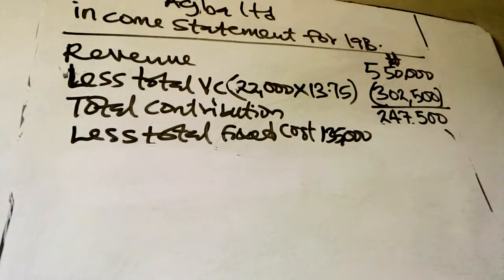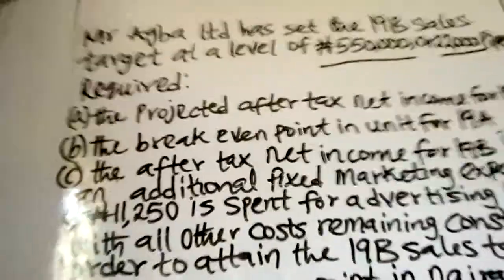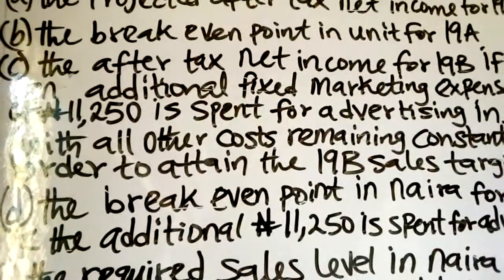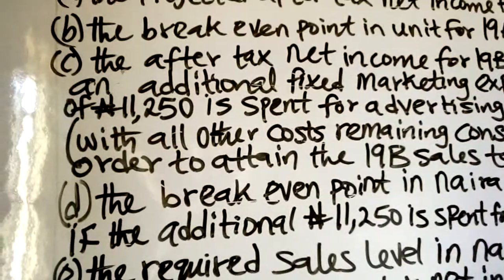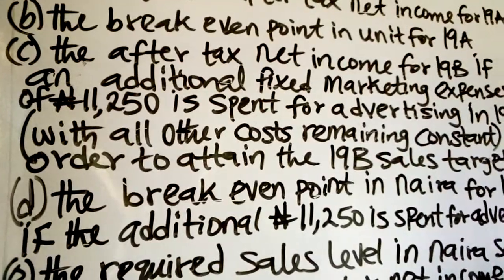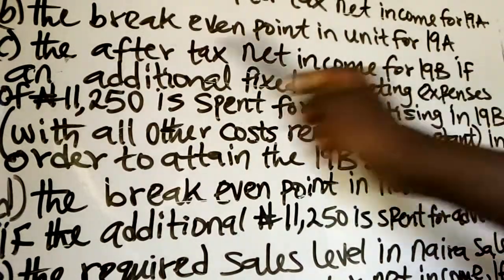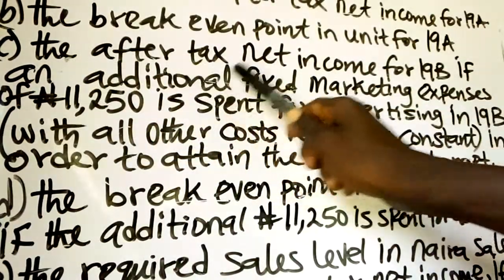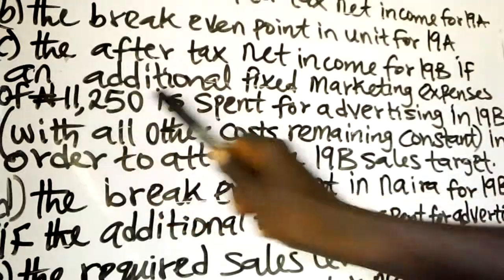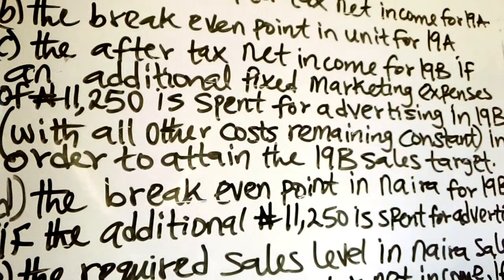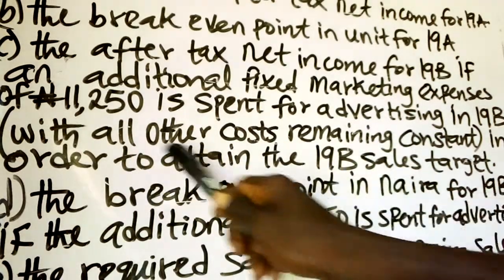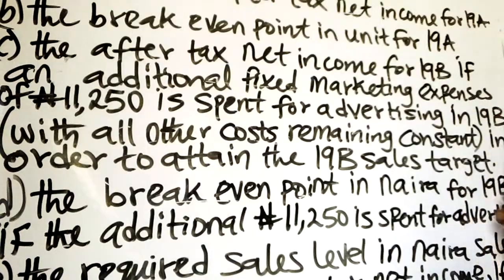Then you were told in requirement C to calculate the after tax net income for 19B, if an additional fixed marketing expenses of 11,250 is spent for advertising in 19B, with all other costs remaining constant in order to attain the 19B sales target.